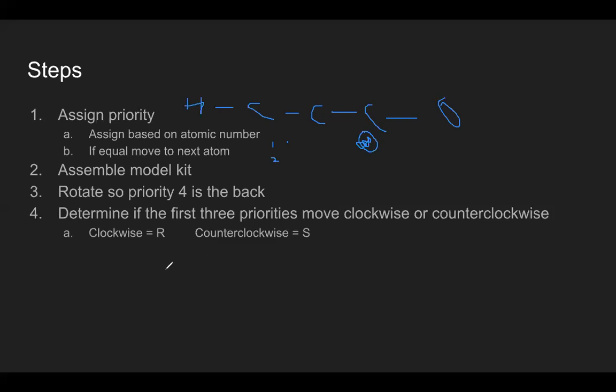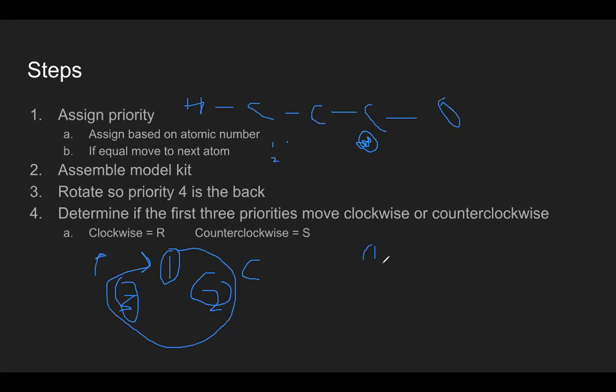And then using the remaining 3, so you'll have a 1, a 2, and a 3, and just pretend those are different colors, not numbers, because the model kit will not show numbers, it'll show colors. We go 1, 2, 3, and as we can tell, this is going clockwise, which would be in the R formation.